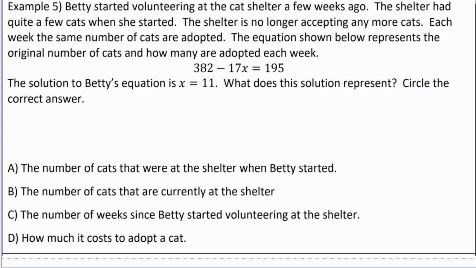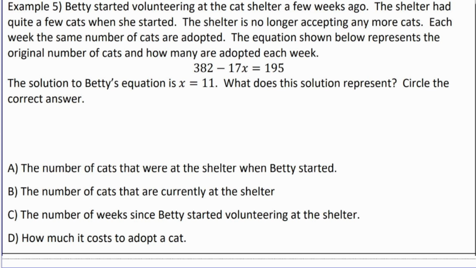We know that Betty works at a shelter and they no longer accept cats, but since she has started, the same number of cats each week have been adopted. Now we have this equation: 382 minus 17x is equal to 195.